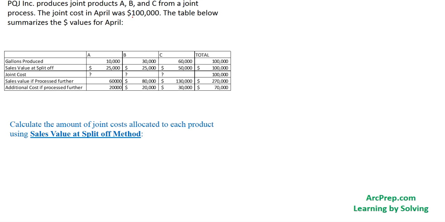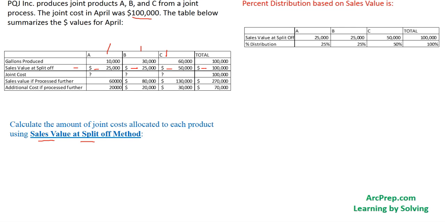Another way to distribute this $100,000 between products A, B, and C is to look at the sales value at split off. Sales value at split off turns out to be $25,000 for product A, $25,000 for product B, and $50,000 for product C. The total turns out to be $100,000 total sales value. That means product A's sales value over total sales value is 25%, B is 25%, and C is 50%.